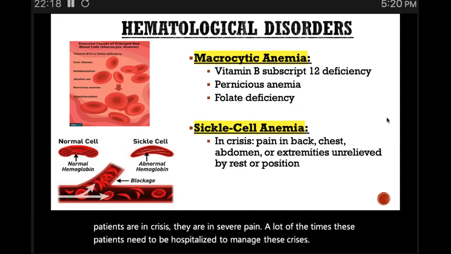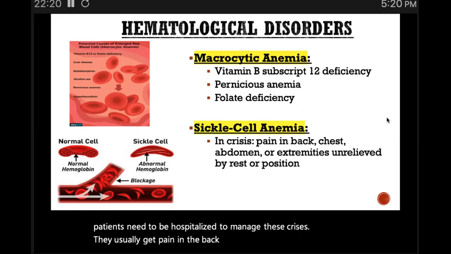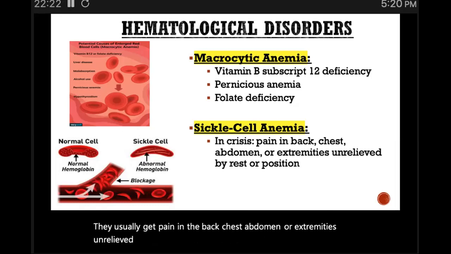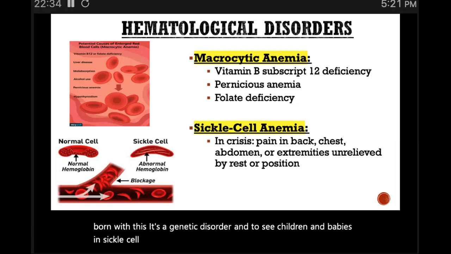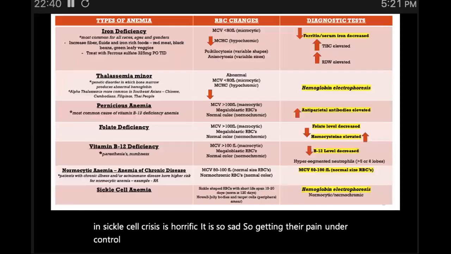They usually get pain in the back, chest, abdomen, or extremities unrelieved by rest or position. It is very painful. These patients are born with this. It's a genetic disorder, and to see children and babies in sickle cell crisis is horrific. It is so sad. So getting their pain under control is priority.